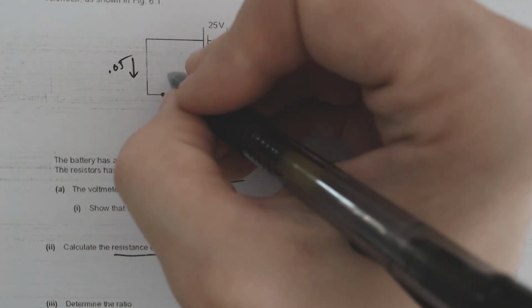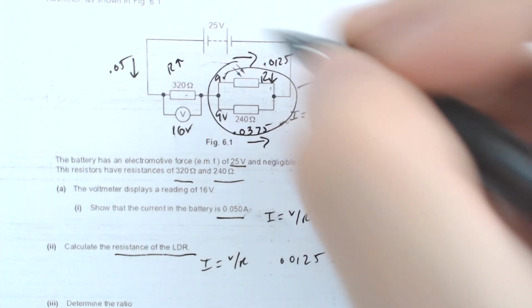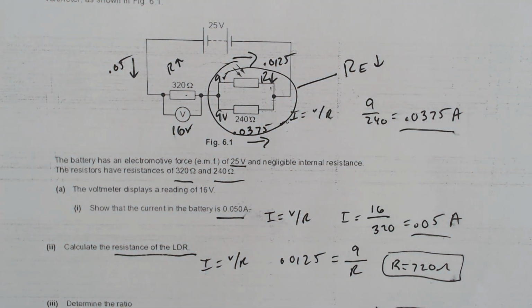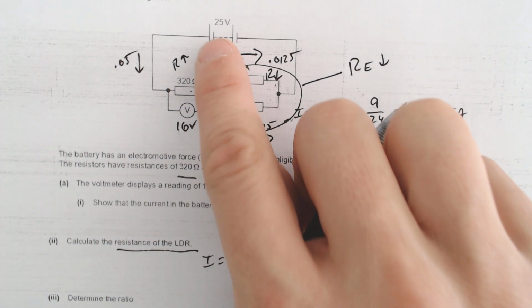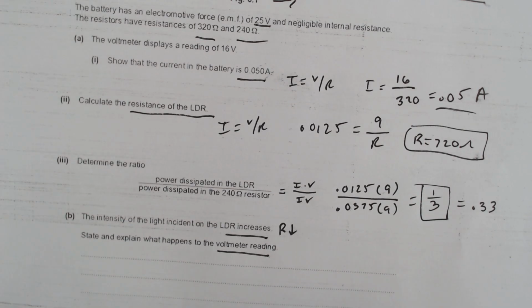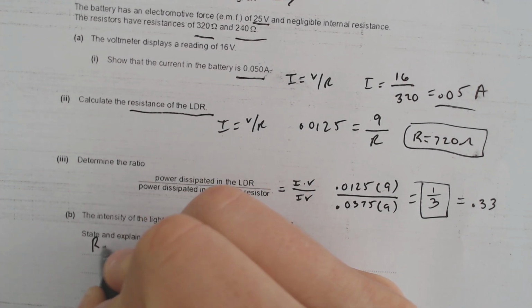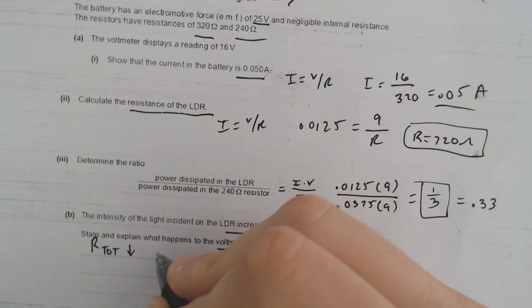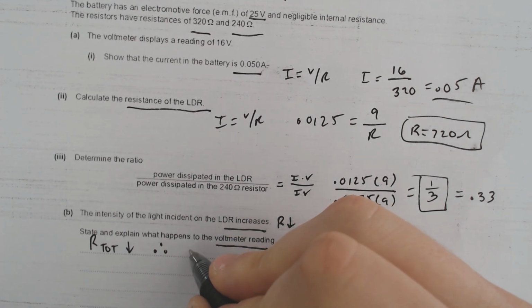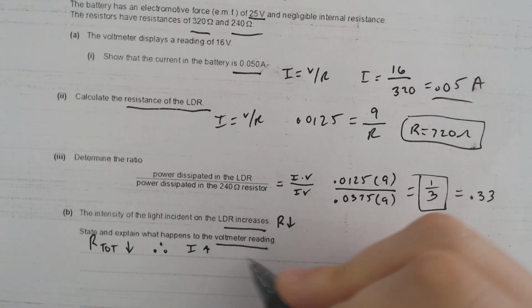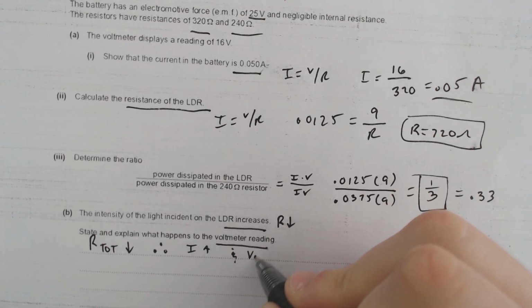And if that resistance proportionally goes up, not the actual resistance, that means it's going to draw more of the 25-volt battery. Okay? So the resistance total goes down. Therefore, this is the therefore symbol, the current will go up, and the voltmeter will increase.